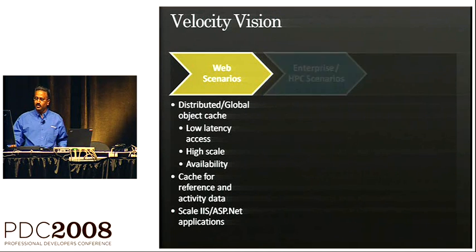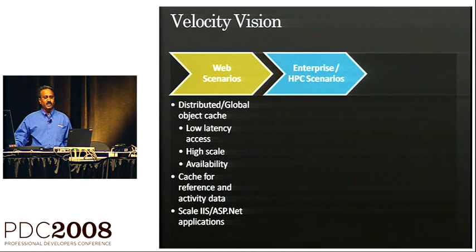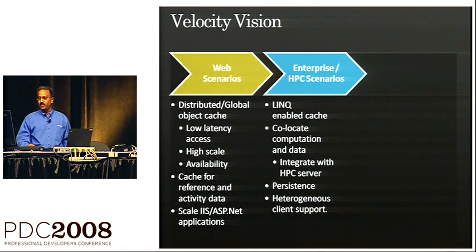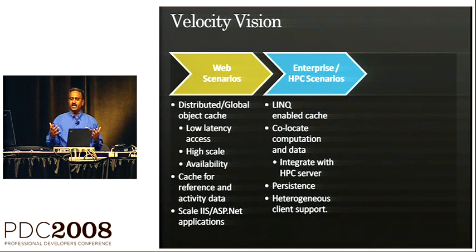And as you move towards much richer scenarios, you go into the enterprise and high performance computing scenarios. There, more computation is required. I want to run queries on it. I want more sophisticated data access to those things. Right now, all the demos that we showed had mostly key-based access. You can put an object, you can get an object, but can I write more complex predicates?